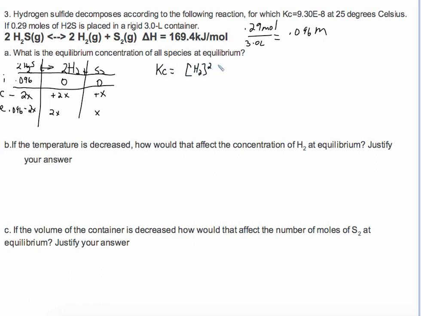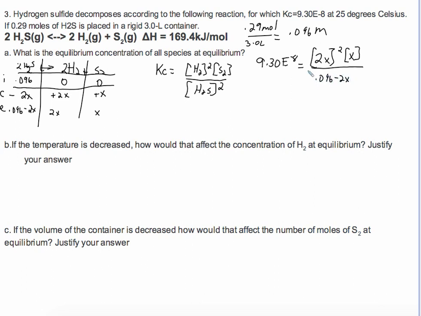So we're going to write the Kc expression: H2 to the second power times S2 to the first, all over H2S to the second power. Now we know the Kc, so we'll plug that in. We'll just plug in our numbers here: 9.30 e to the minus 8 is equal to H2 at equilibrium, which is 2x, but we're going to square that, and we're going to multiply that times x to the first.